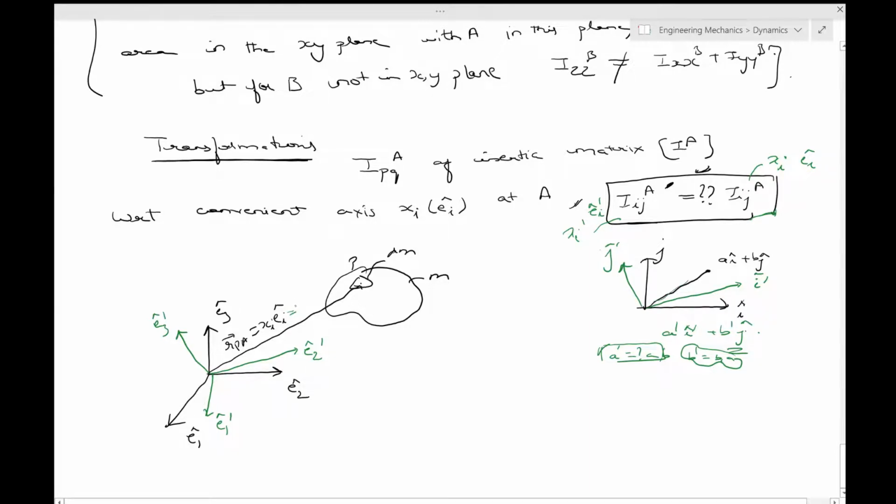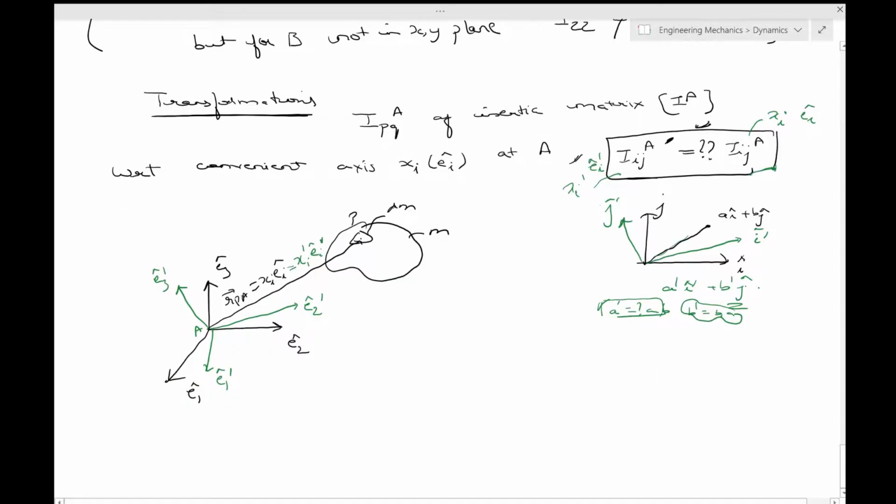That way we would write it as xi dash ei dash. The same vector is like this, and this point is again A. So we can write the same vector RPA in terms of the black and the green coordinate systems with their own basis vectors, as you can see.